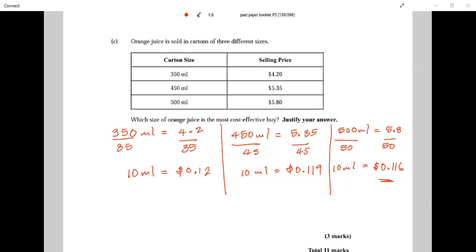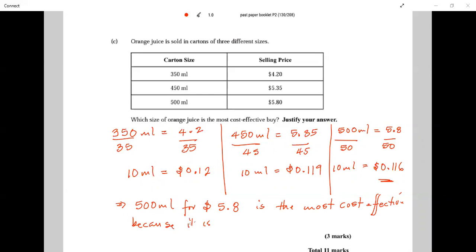So therefore, the 500 milliliters for $5.80 is the most cost effective because it is cheaper per milliliter.